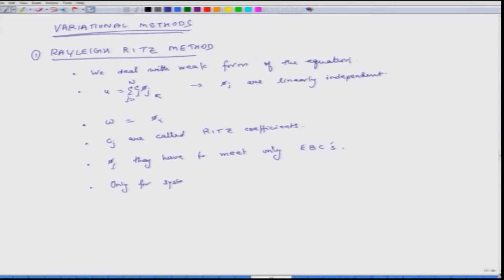And the last and very important point is that all this works well only for systems where this B of W and U is bilinear and symmetric. I will not say it works only for, but it works really well for such systems.